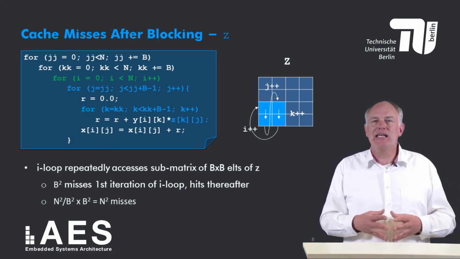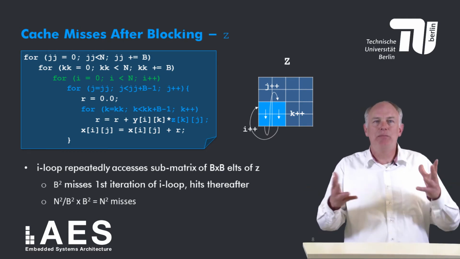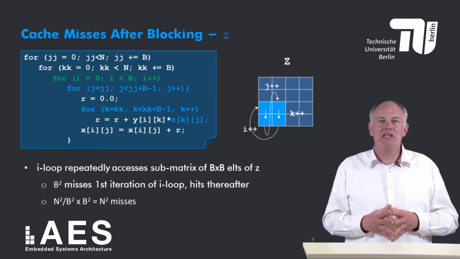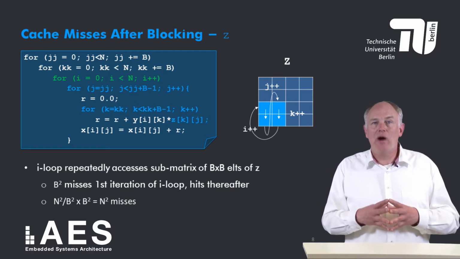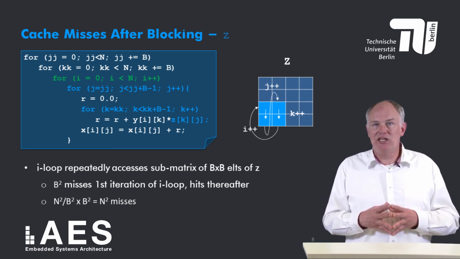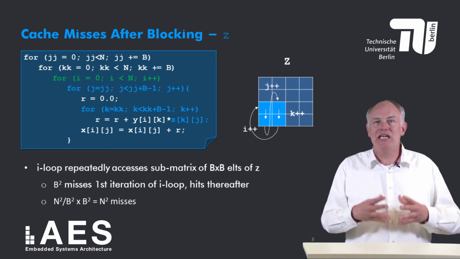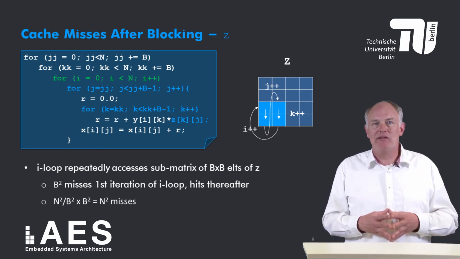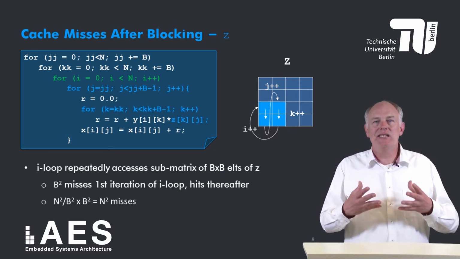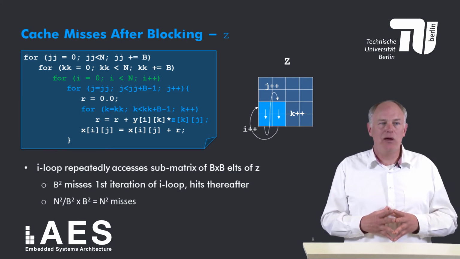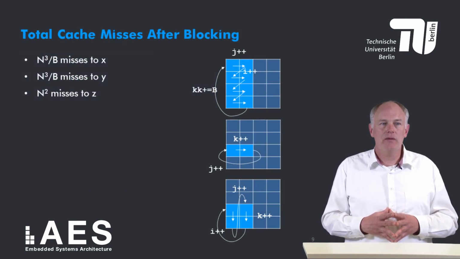Thereafter, every access will hit, since we assume that a b times b submatrix fits in cache. There are n squared over b squared iterations of the two outer loops, and in each iteration there will be b squared misses. So in total, n squared accesses to Z will miss.